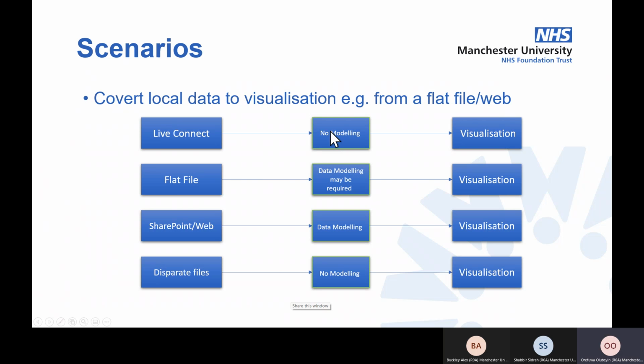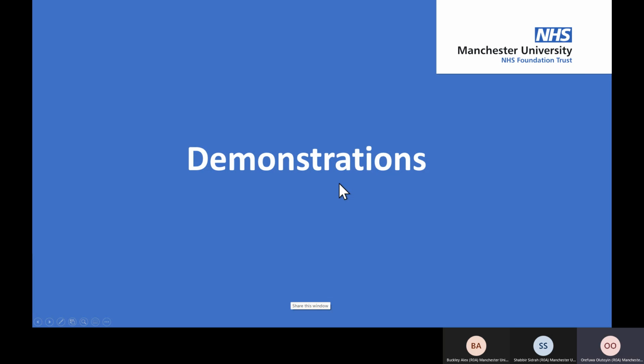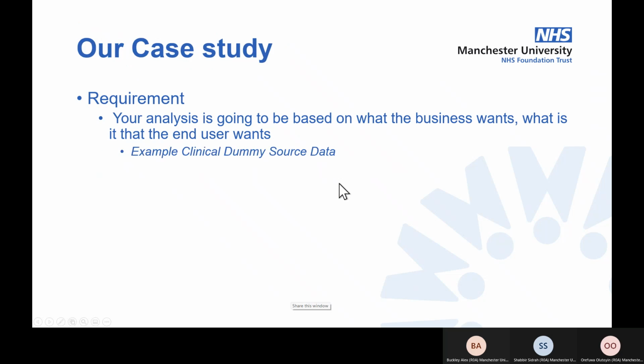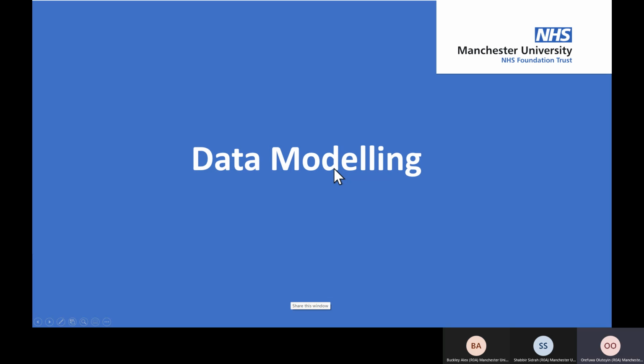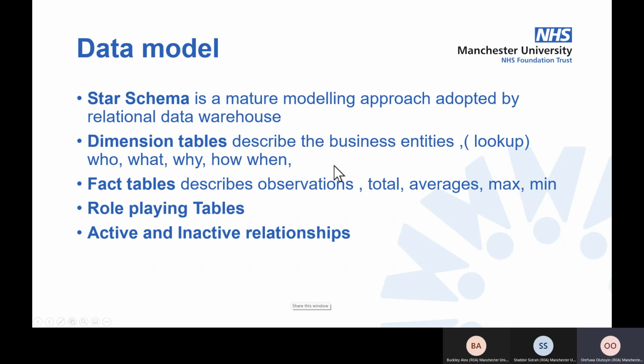So we've looked at all those scenarios, and some transformation steps: cleaning up your data, removing duplicates, correcting your data types. We've looked at data modeling. I've mentioned star schemas, dimension tables, fact tables, right? Role-playing tables, which is the date table, for example. And then you've seen me demonstrate an active or an inactive relationship, right?